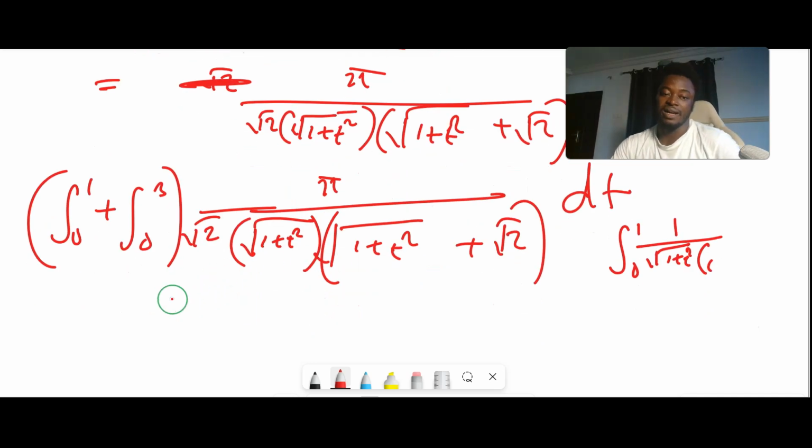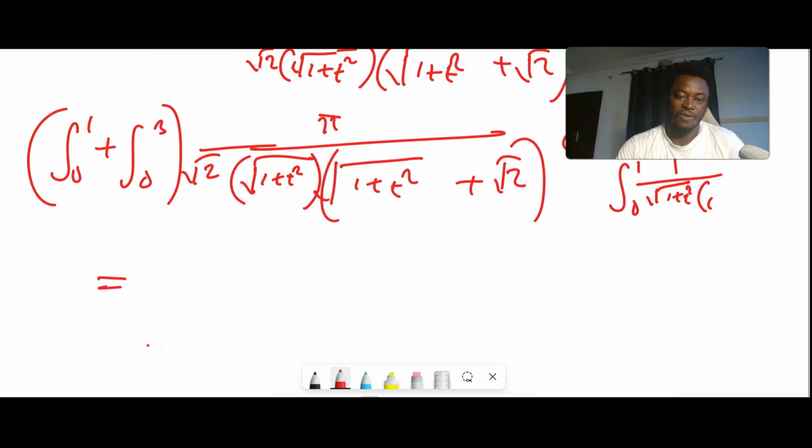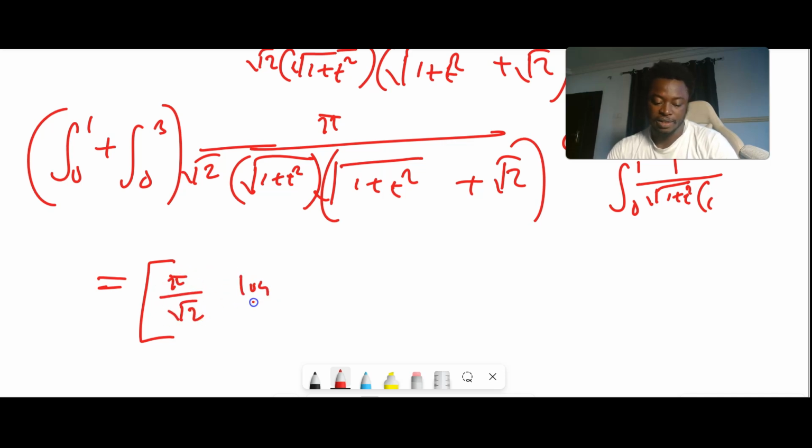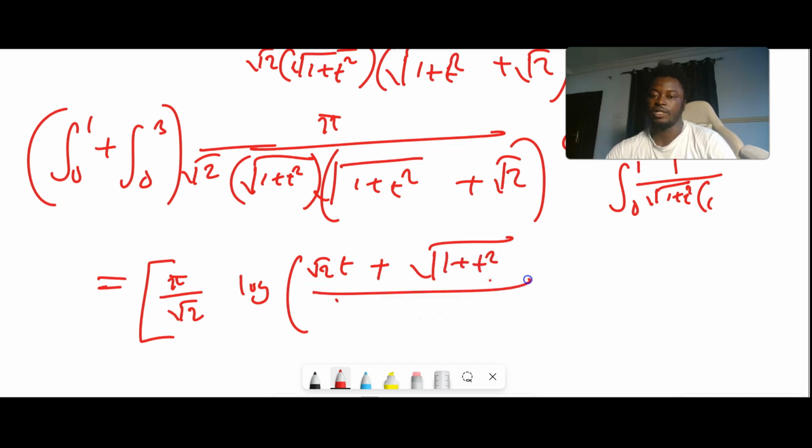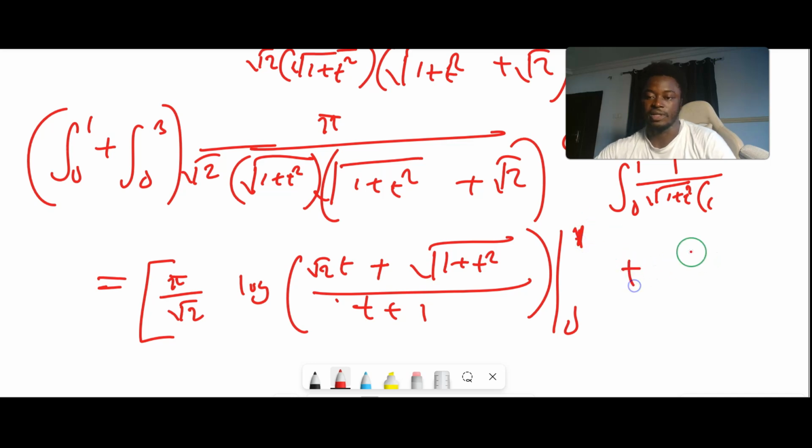Now this integral equals, I have the results here with me, pi over square root of 2 times the logarithm of square root of 2t plus square root of 1 plus t squared, all divided by t plus 1. We're taking the result from 0 to 1, and then also from 0 to 3 plus everything here.